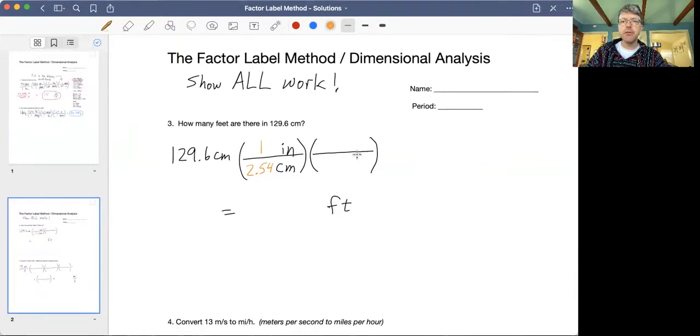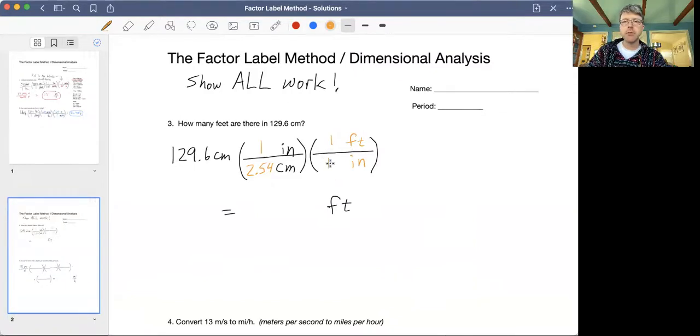So do we put feet down here and inches on the top? No, we don't do that because we got to get the inches to cancel out. So we need to put the inches somewhere where it will cancel out with the one on the top. And the only way I can do that is by putting it on the bottom. All right, so we're going to have inches and feet. So what do we have? 1 foot is 12 inches.